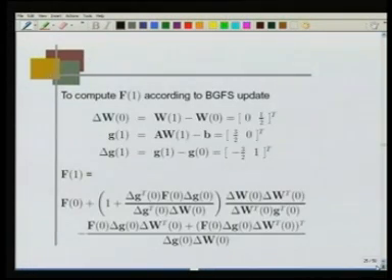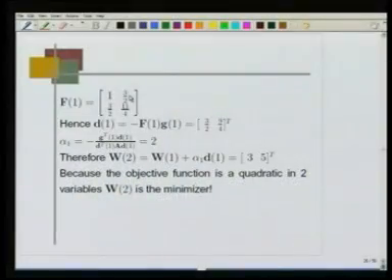If I go to the second iteration, I get delta W naught as this, G1 is this, delta G1 is computed as G1 minus G naught, and you remember that I have that formula of F1. If you compute using this formula, you get this particular matrix.